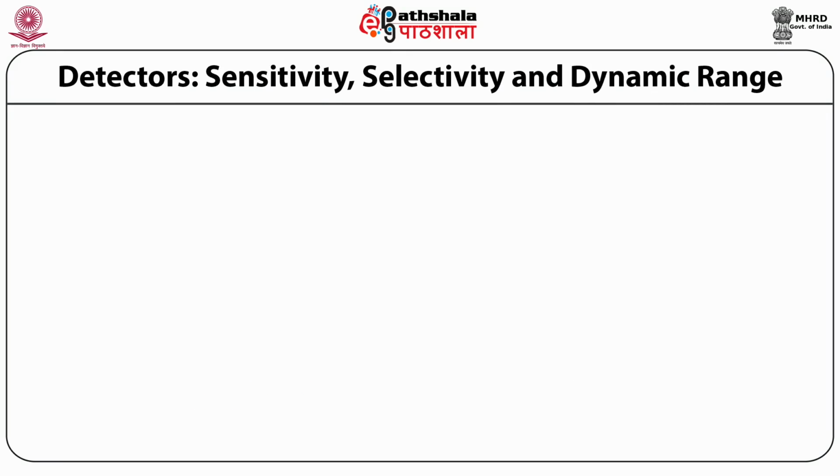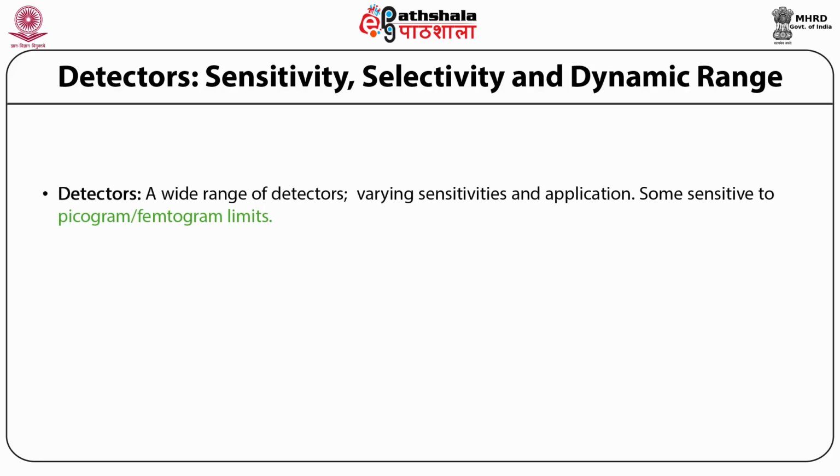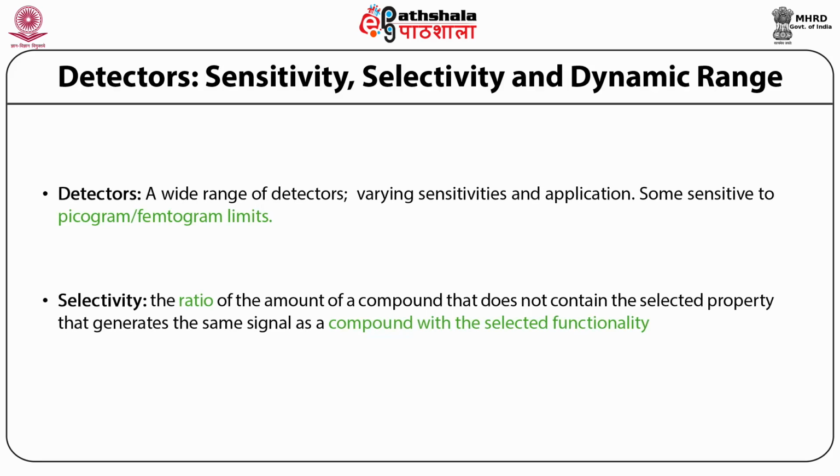Now, the other important component of the gas chromatographic system is the detector. What is key to the detector is its sensitivity, which we discussed earlier, the selectivity and the dynamic range, the definitions for which were also discussed earlier. As we said, one of the reasons the gas chromatographic system is so versatile is because of the wide range of detectors that are available with varying sensitivities and applications.